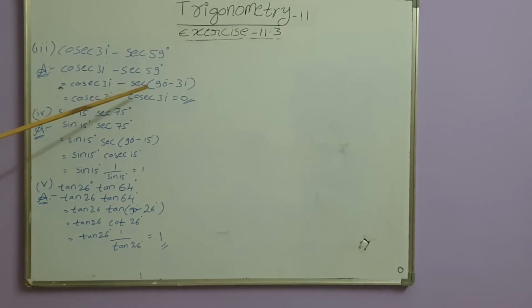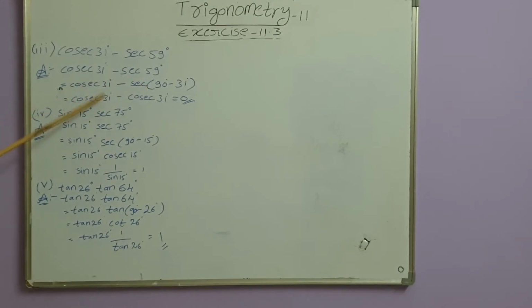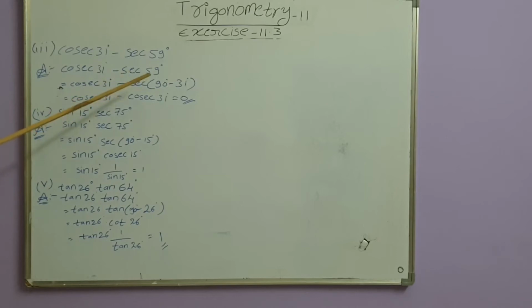We can write it like this: cosec 31 degrees minus sec(90 minus 31) degrees. Sec(90 degrees minus a) is cosec a, so here a is 31 degrees. Cosec 31 degrees minus cosec 31 degrees is 0.